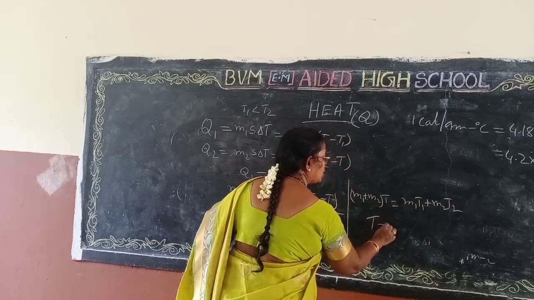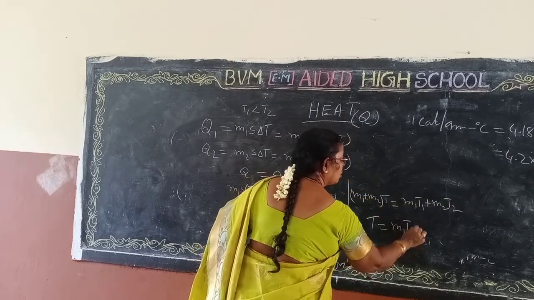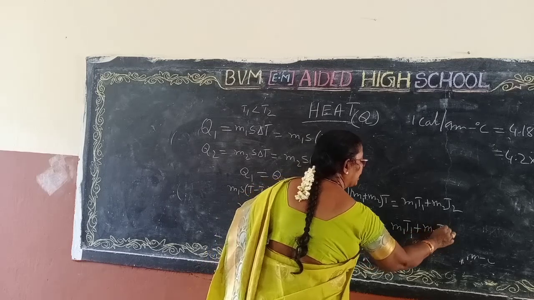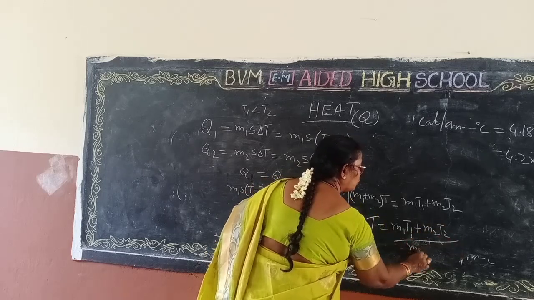So T is equal to (M1 T1 plus M2 T2) by (M1 plus M2).